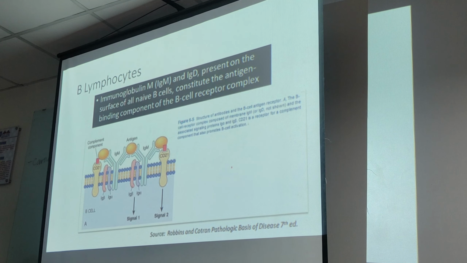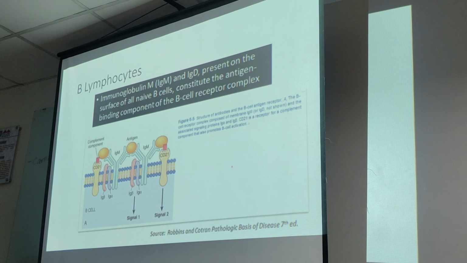First, let's have a review of the different immunoglobulins. Immunoglobulin M and D are present on the surface of naive B cells. They are surface receptors actually.